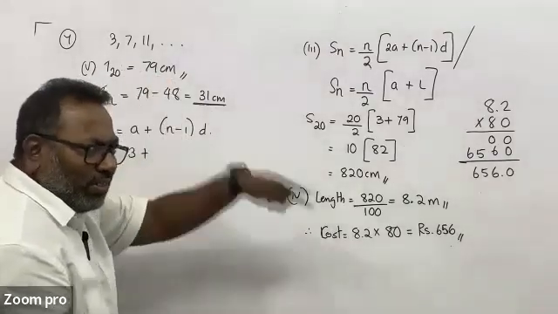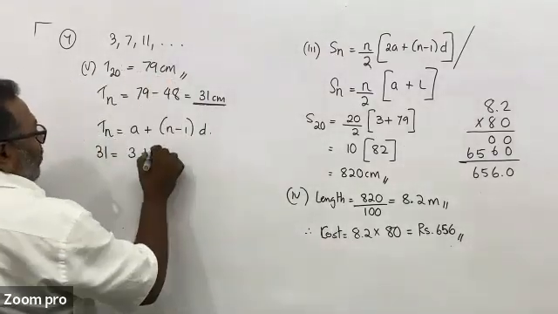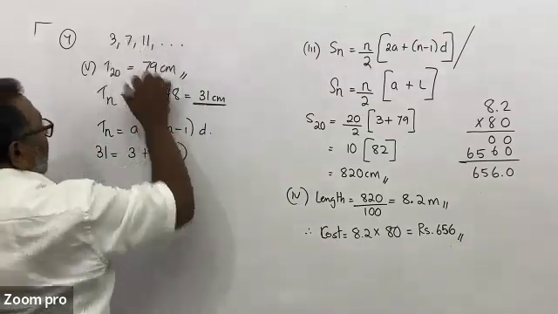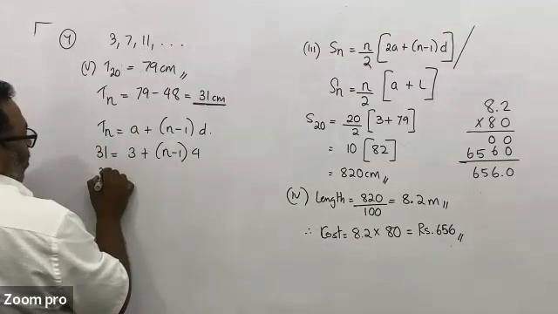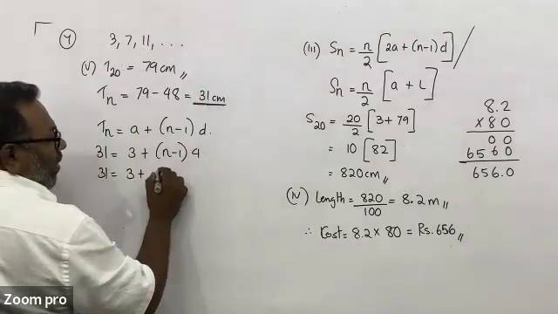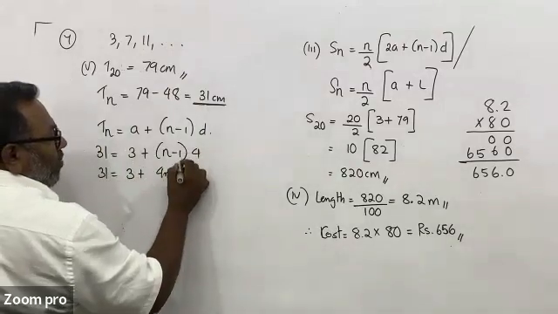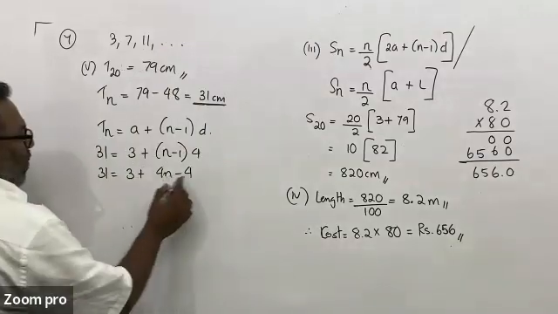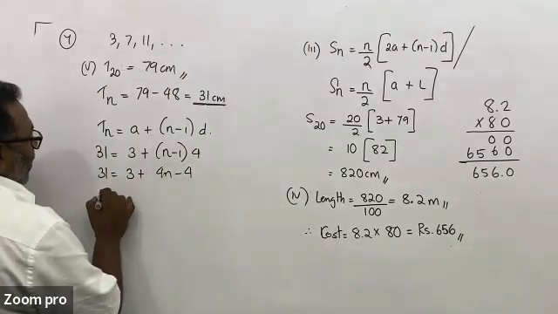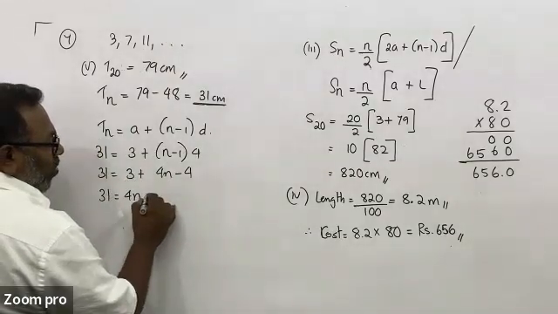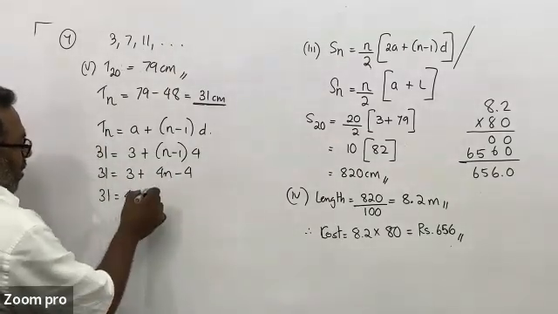We want to see which ribbon that is. d we know is 4. So 31 is equal to 3 plus 4 into n, which is 4n, and 4 into minus 1 is minus 4.